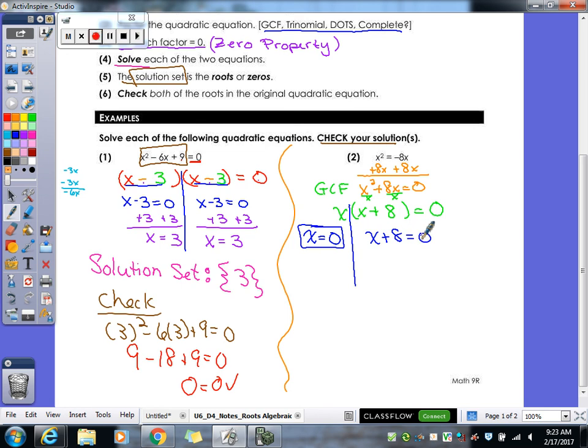So x plus 8 equals 0, and then we're going to solve that, so I'm going to subtract my 8. So we get x equals negative 8. So again, just so you can see it, if they write that as a solution set, the smaller number always goes first. So that would be negative 8 comma 0 in your little squiggly braces as a set if they wrote it that way.